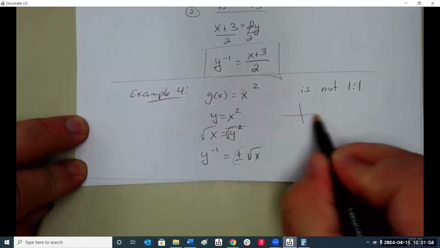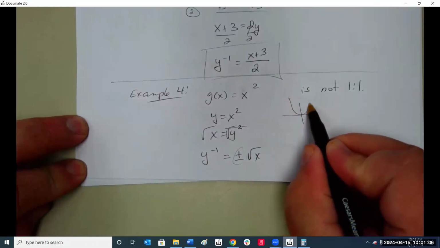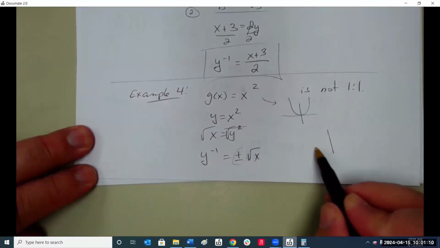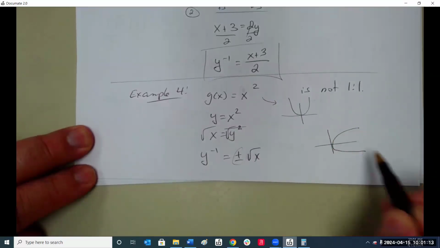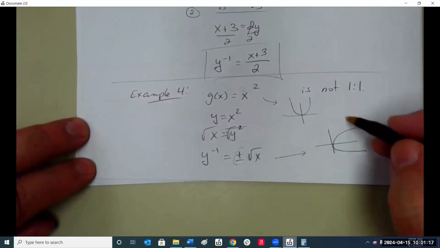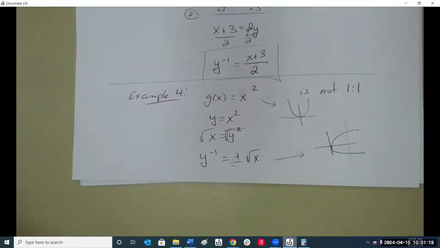In other words, that's the original function. That's the inverse. It fails the vertical line test. We notice something here.